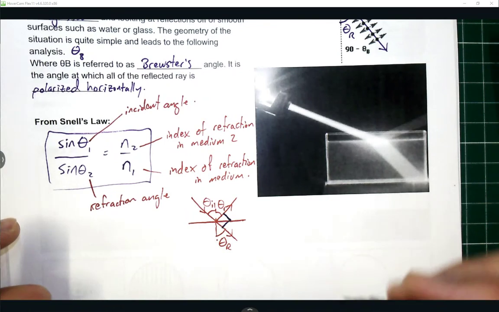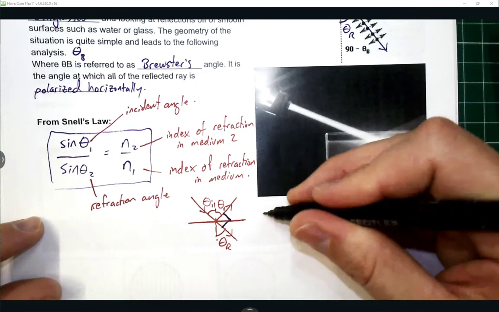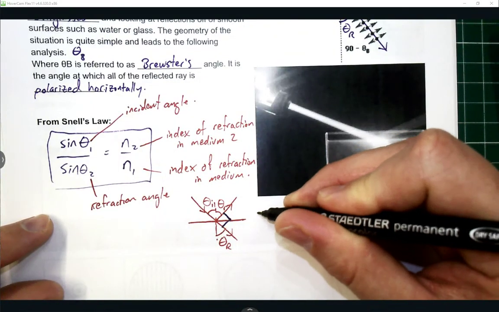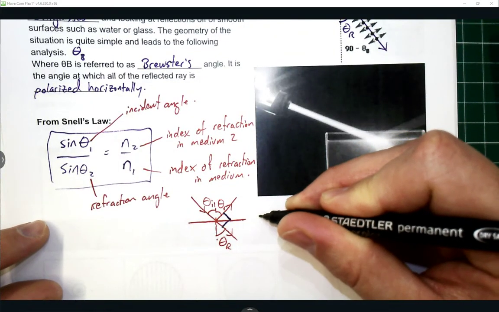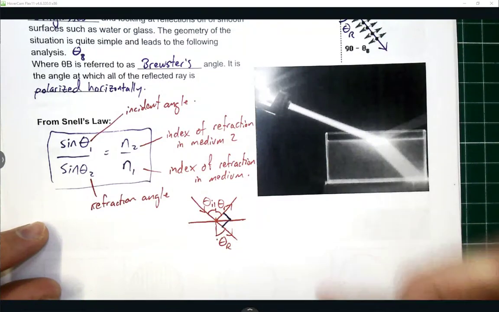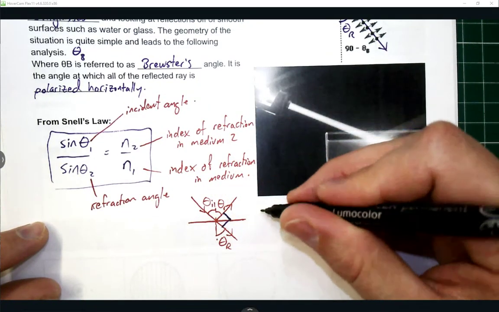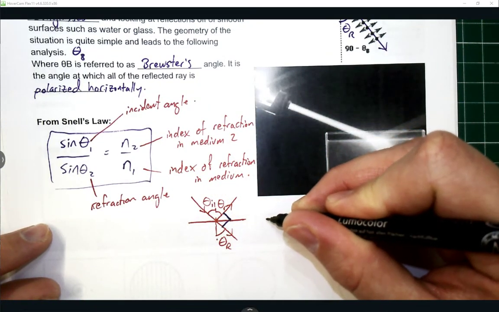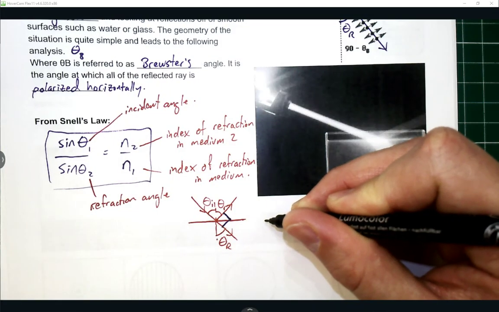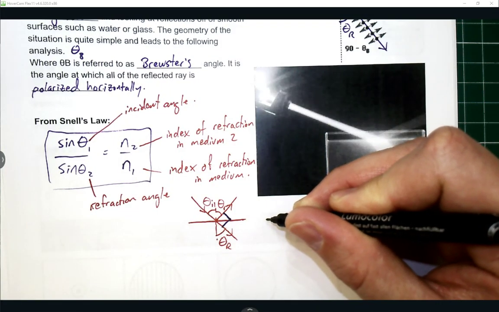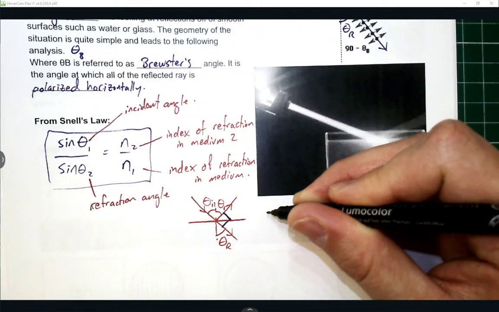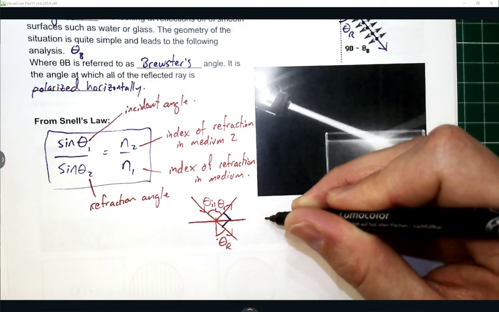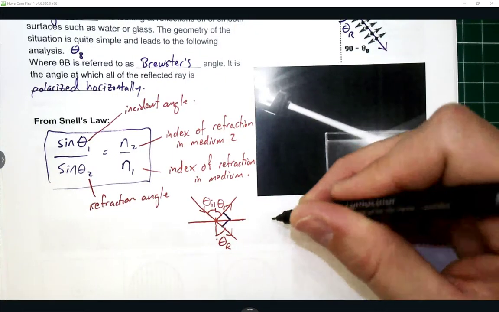And I might make a note here that, should we express it that way? 90 minus theta B. Yeah, let's do that.